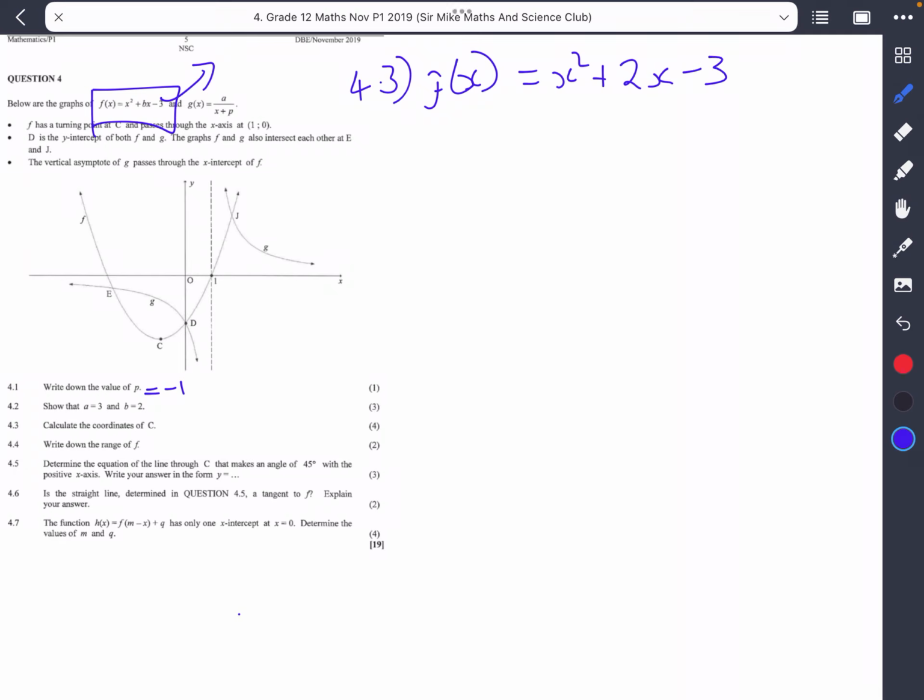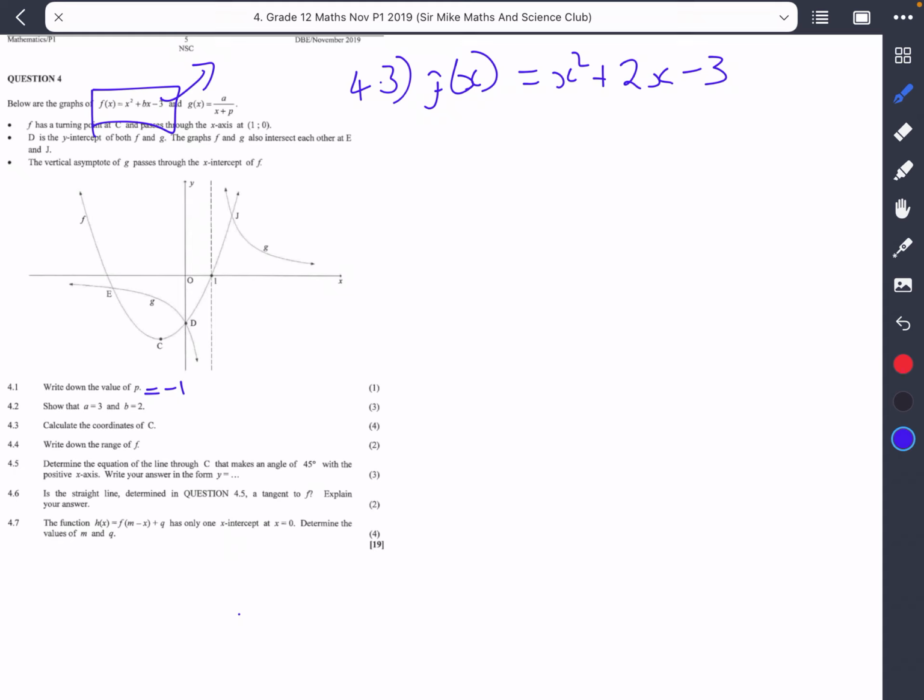Now even if you were unable to prove that a is equal to 3 and b is equal to 2, what you would do is just assume that those values are true when answering the next question.